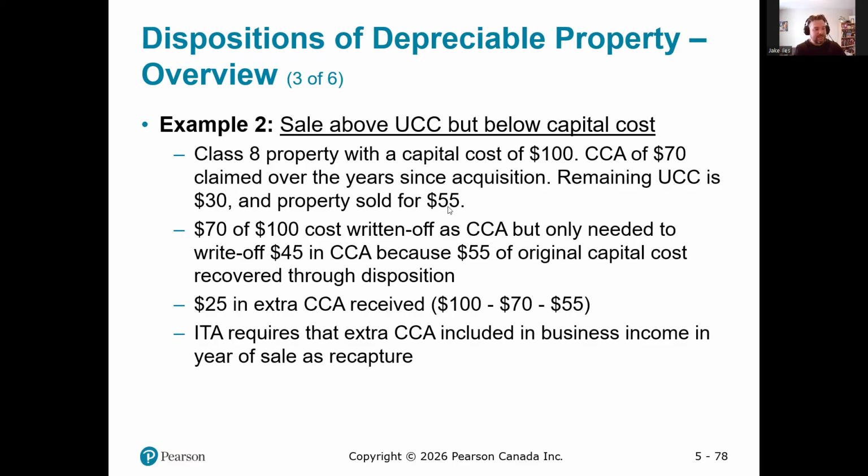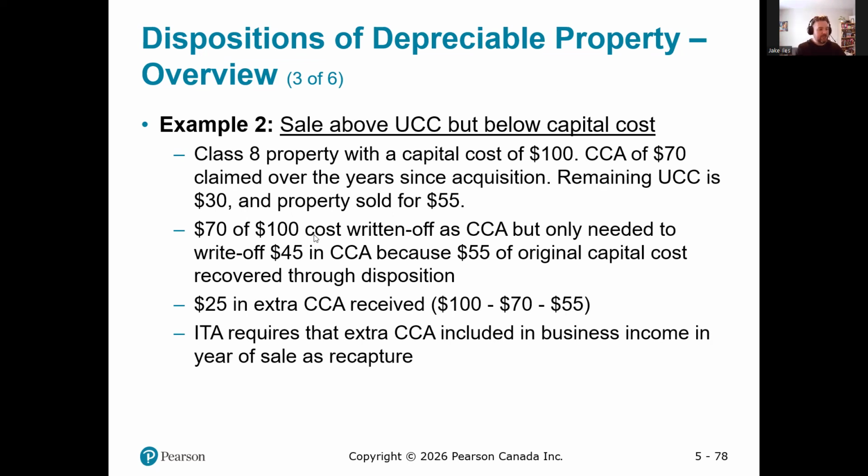That's $25 more than our $30. So over the years, we deducted $70 from our income through CCA, but we got back some of it. We got the $30 that the UCC said was still there, plus we got $25. So that $55 total we have to recognize.